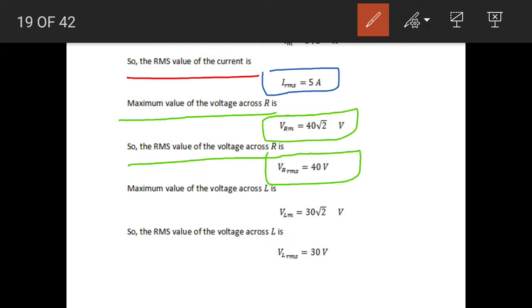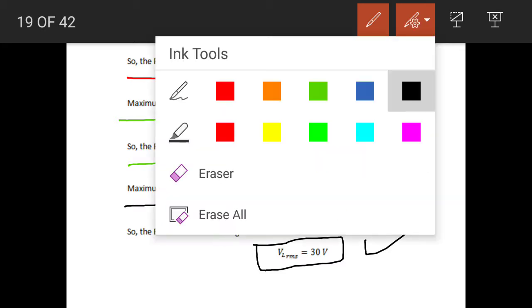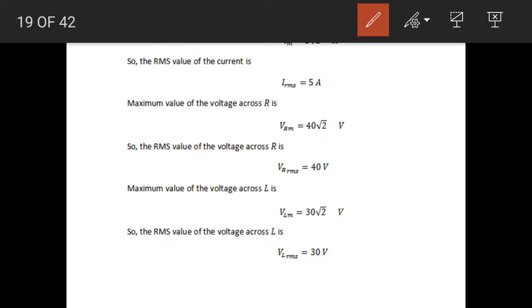Similarly, the maximum value of the voltage across the inductor in the previous example was 30 under root 2. So we divide this voltage by under root 2 and we obtain the RMS value of this voltage, which is 30 volt. So we know the maximum value, we divide the maximum value by under root 2 and we obtain the RMS value of this AC voltage.